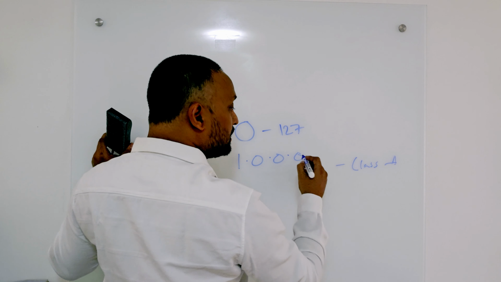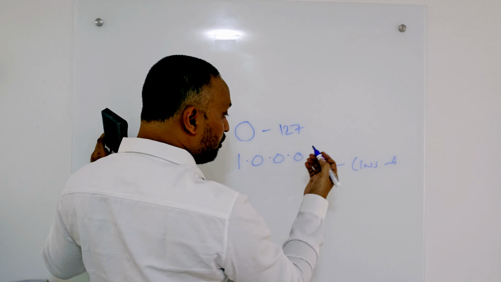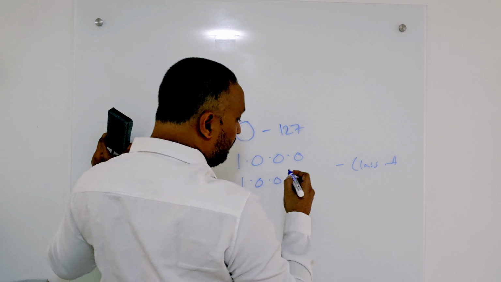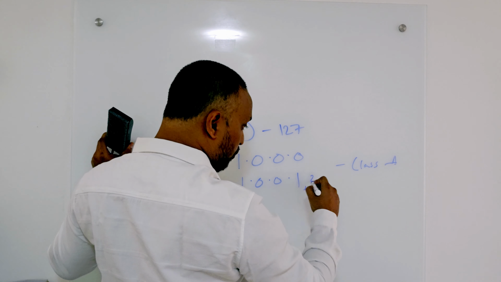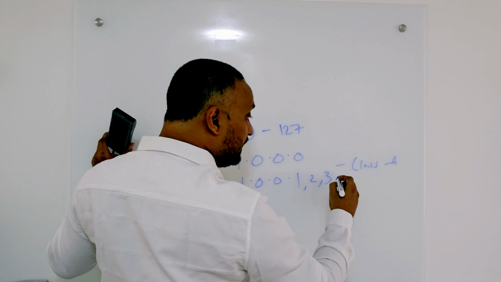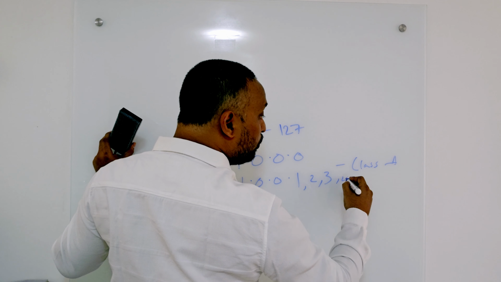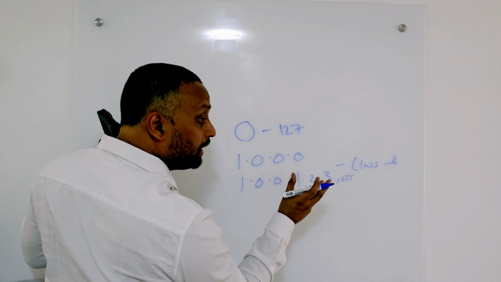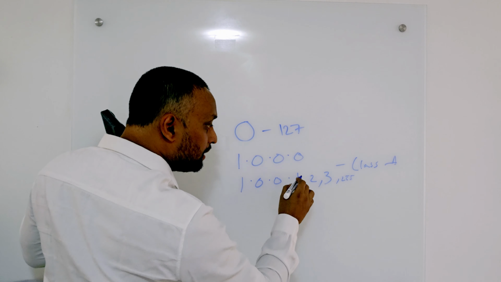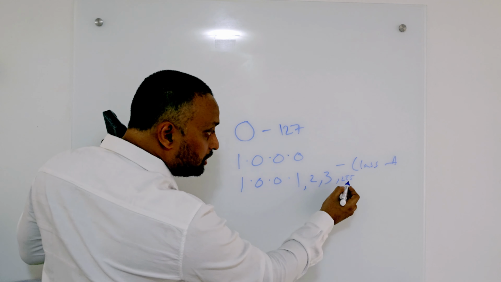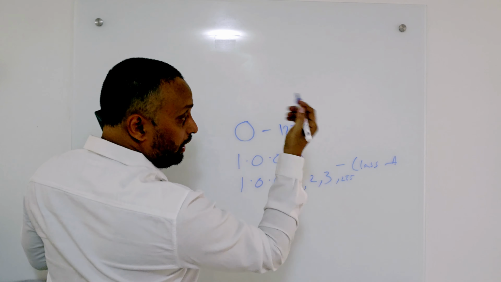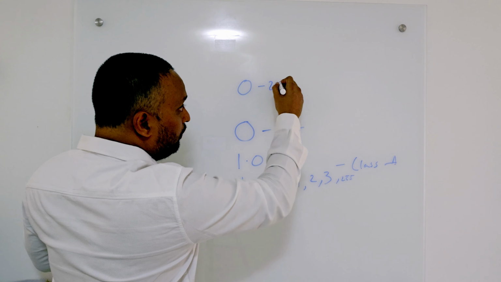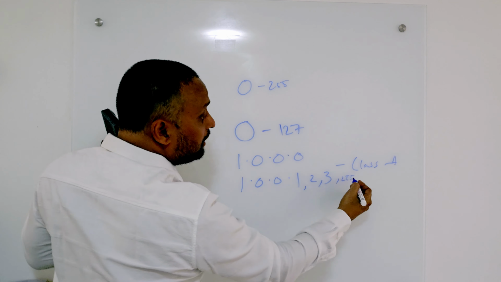The first machine has 1.0.0.0, and the next machine will have 1.0.0.1, then the next machine has 2, and then 3. This will continue till I have allocated up to 255. Like I mentioned earlier, the IP address will fall only between 0 to 255. We cannot use anything further.